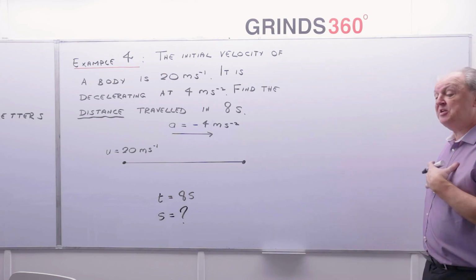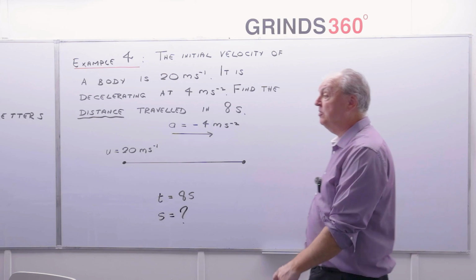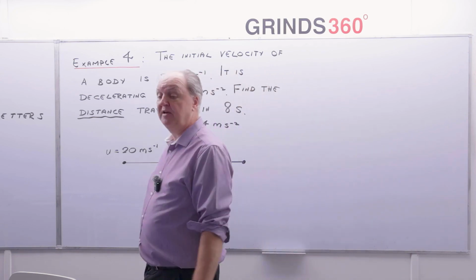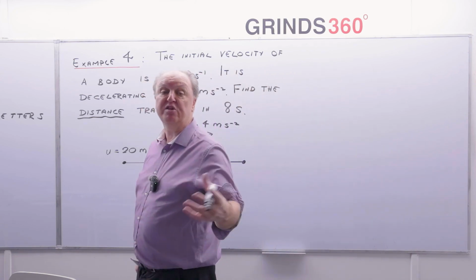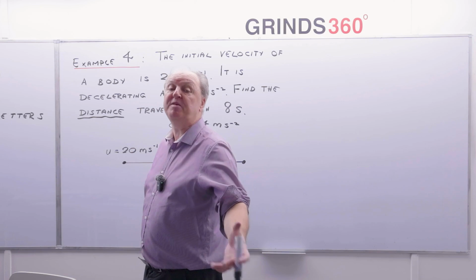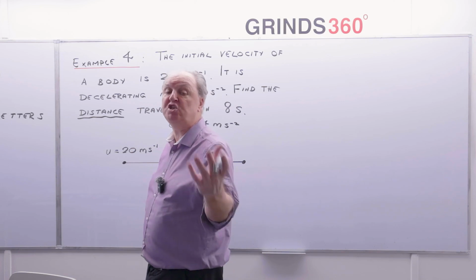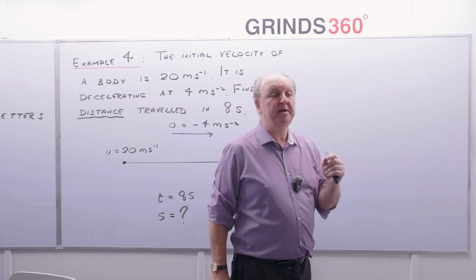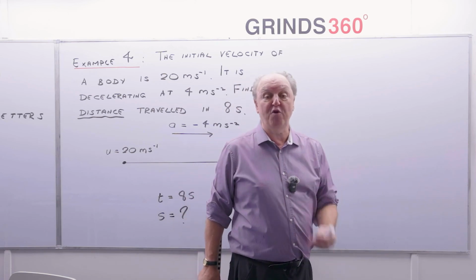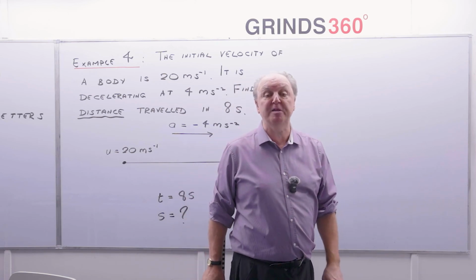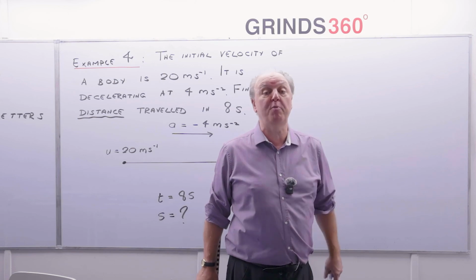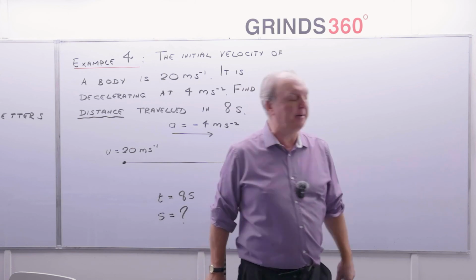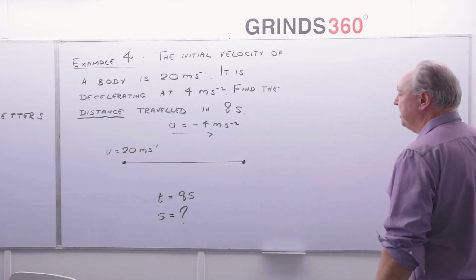So as I said, if I started here and I walked 1, 2, 3 meters and stopped, my distance is 3 meters, but my displacement is also 3 meters because I didn't change direction. It's only when I turn around and go back, say 1 meter, now my distance is 4 meters travelled, but my displacement is 2 meters from where I started. So that's the idea. So let me work out S.